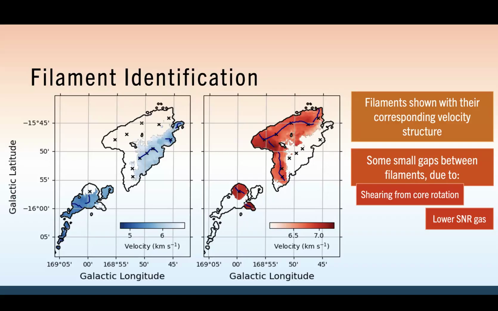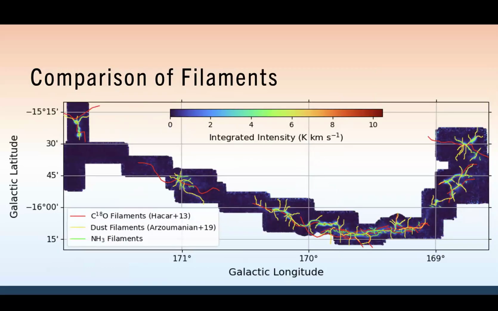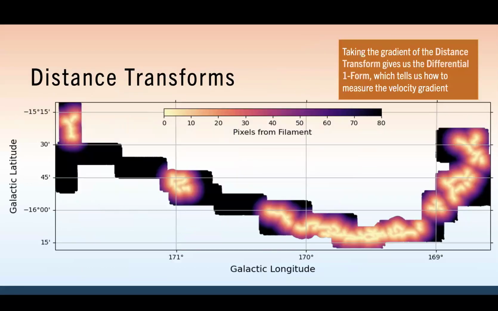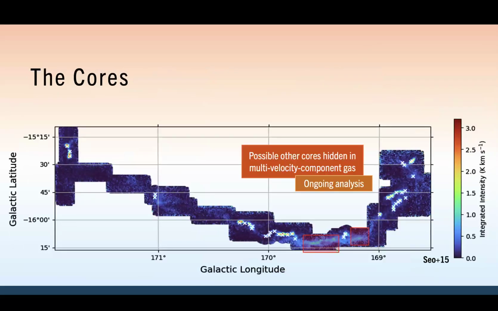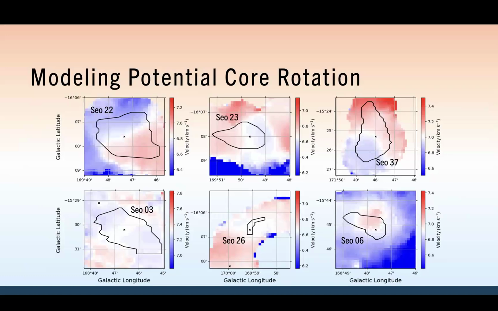Right. And the other question is about the core rotation. Can you show the good examples? Yeah, those ones. I was wondering because here the gradient extends outside the core.